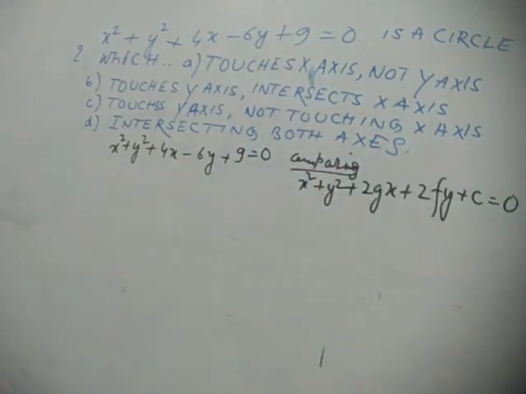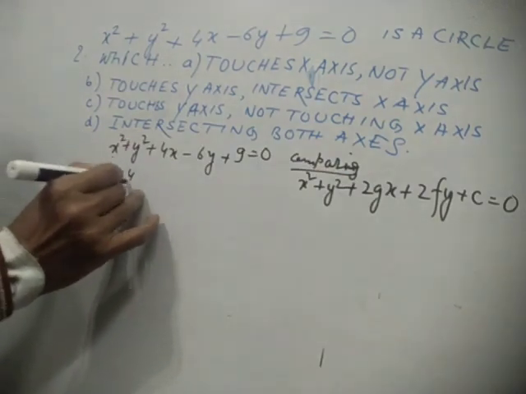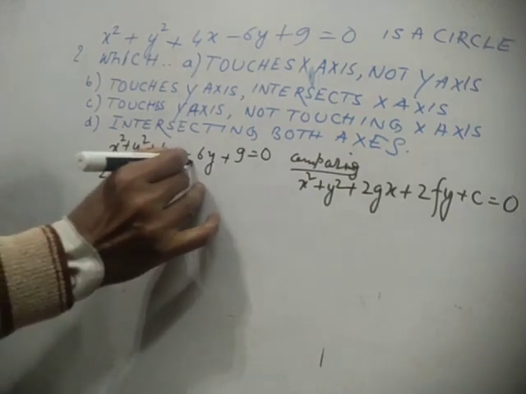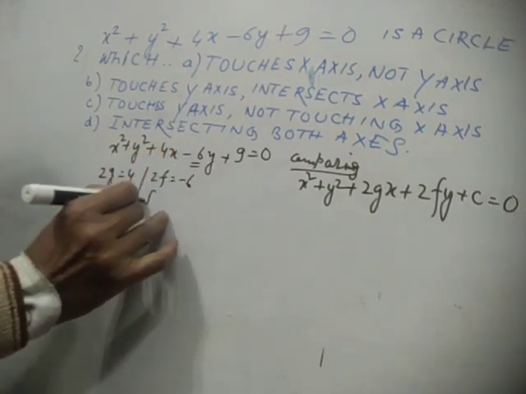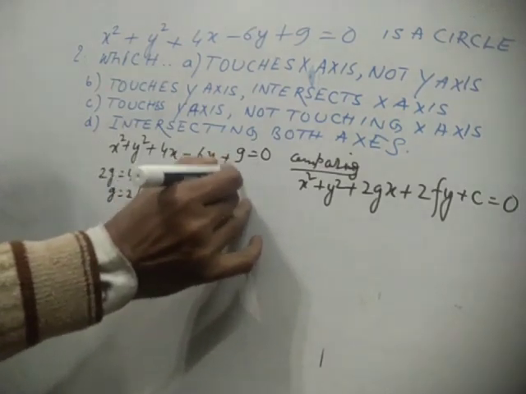Here 2g value we are getting 4, 2g equals to 4, so g equals to 4 by 2 equals to 2, 2f equals to minus 6, so f equals to minus 3, then c equals to 9.